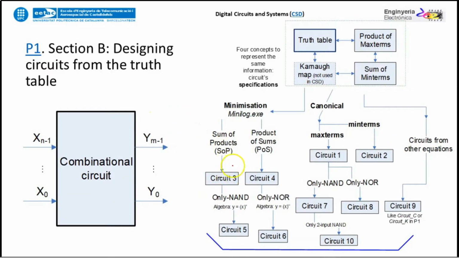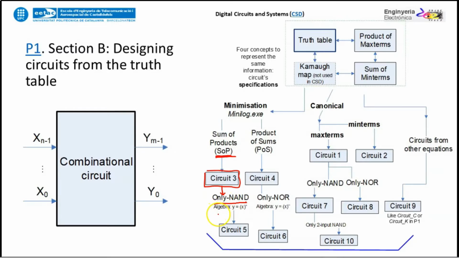Finally, there is another possibility after those initial ones. If you already have a circuit, for example from a product or sum of products, you can go and modify it a little bit more. For example, you may like to introduce another constraint, which means using, for example, in this structure only NAND.